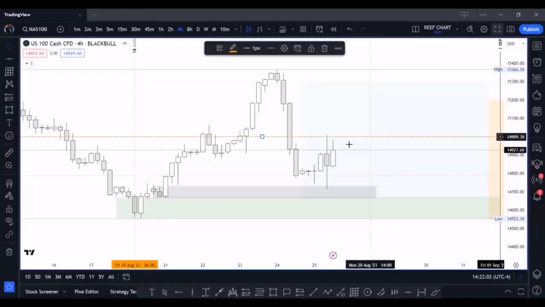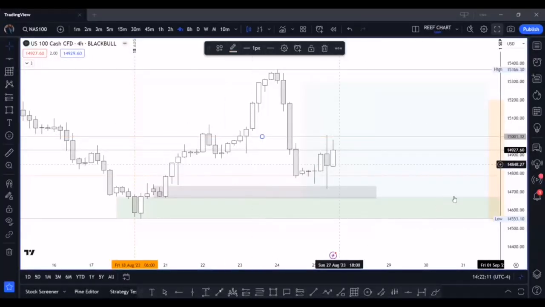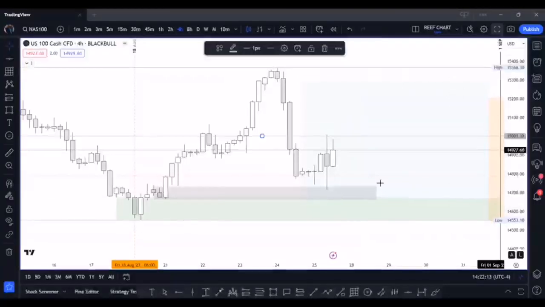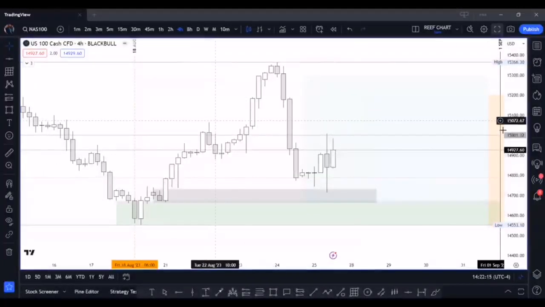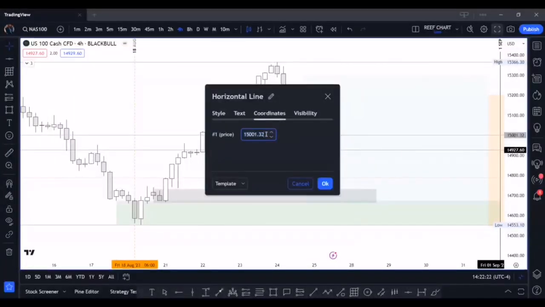NASDAQ in specific has a measured move of 250 points. As I've always discussed before, it's keen on obeying structural references, but it's also keen on obeying its measured move. So you can basically see why NASDAQ turned around over there.